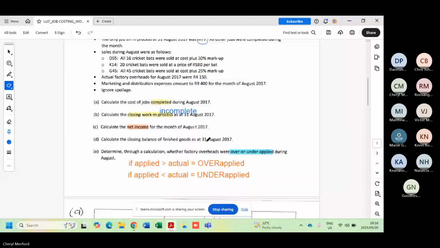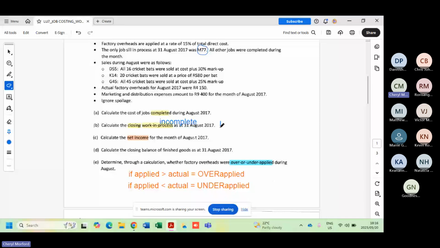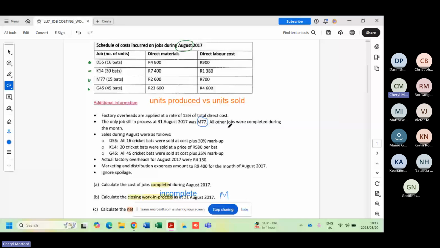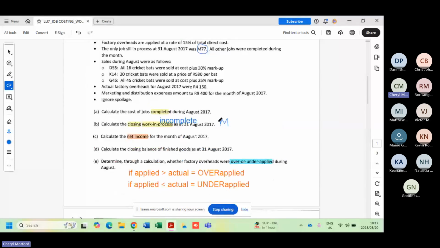So that will be what we're going to cost over there, which means that the other ones are D, K, and G. So D, K, and G, we're going to cost in that part. And then obviously these ones here, because they are complete, those are the only ones that we can include here when we come to do the sales.